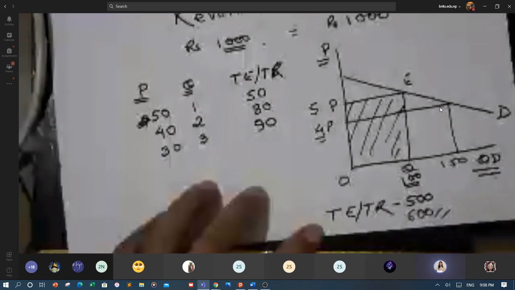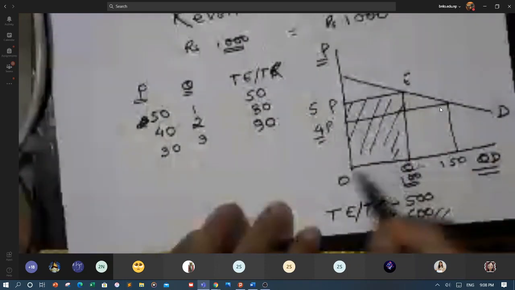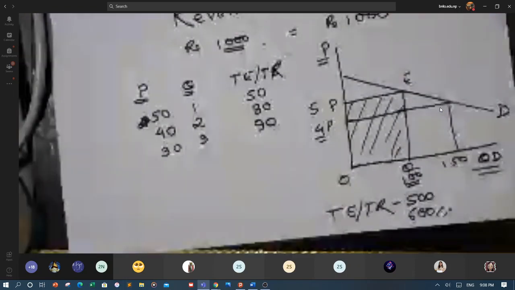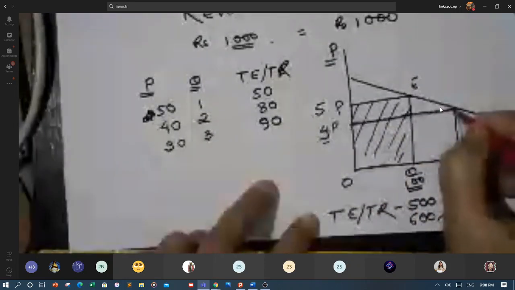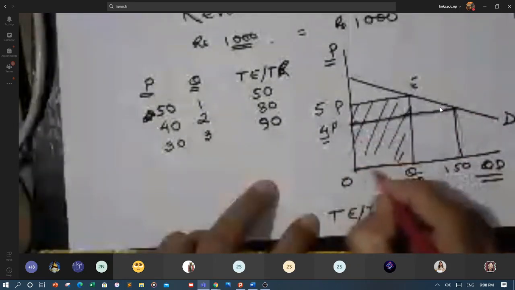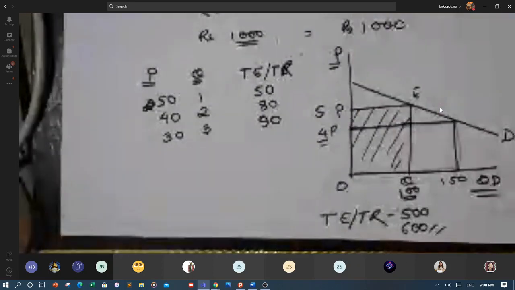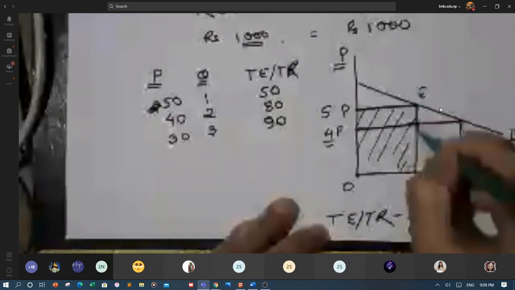What happened to your total expenditure? Sir, it increased. So if the good is relatively more elastic, now before that, this is one area. This is the new area, and the previous area is there. According to the figure, which area is greater?